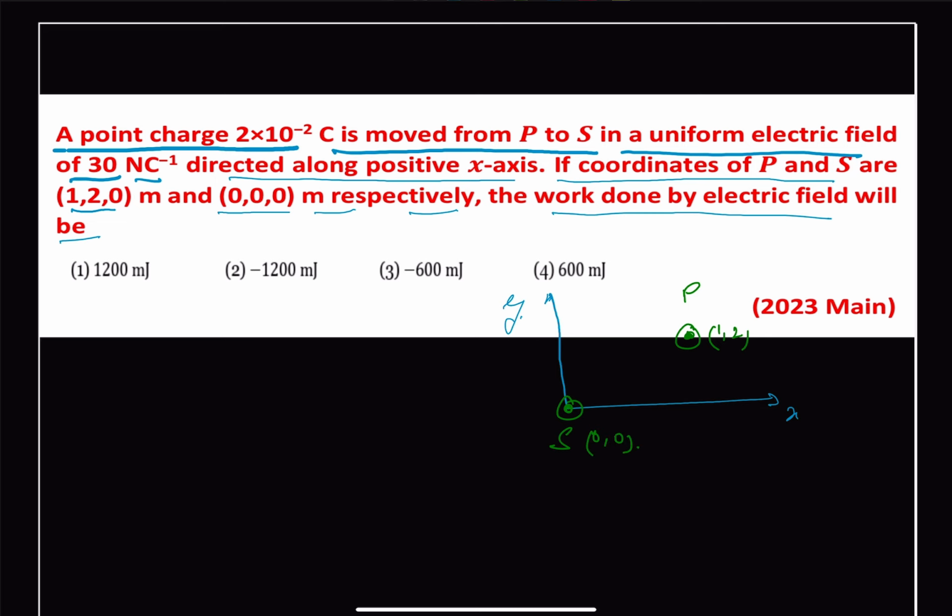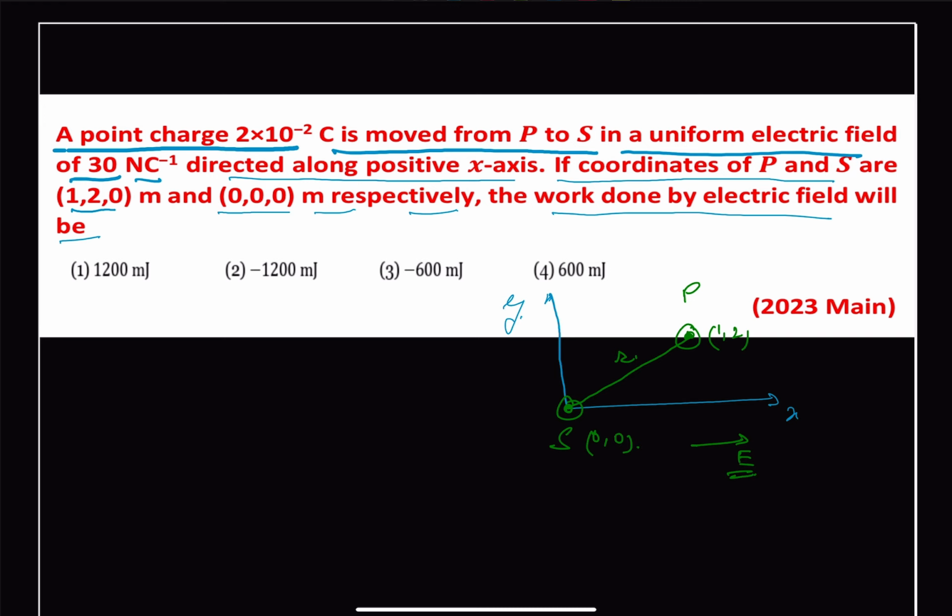So if this r is the position vector, we need to find out the work done by the electric field, and the electric field is directed along the positive x-axis.